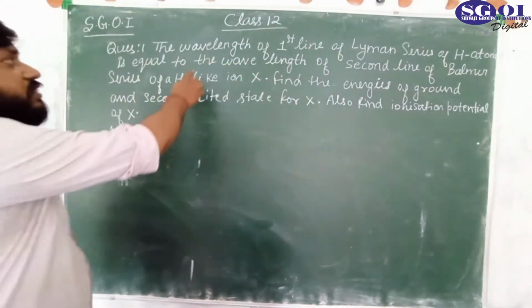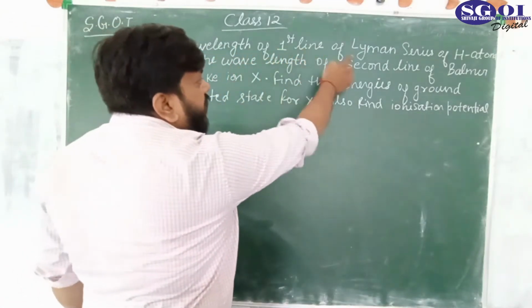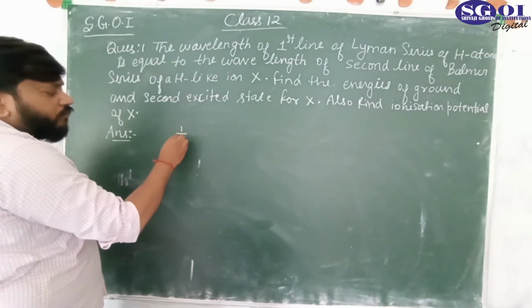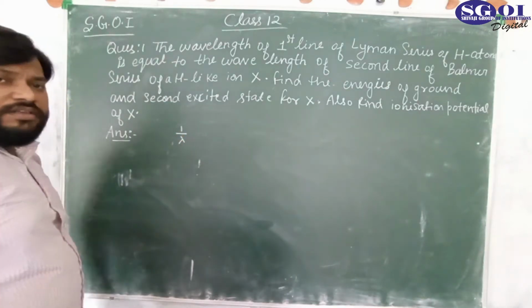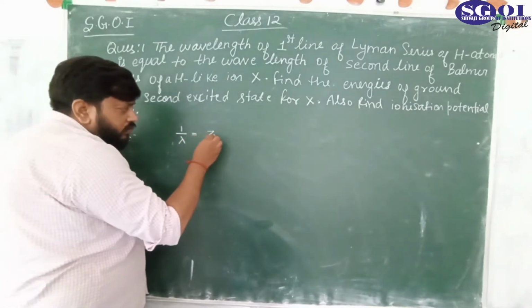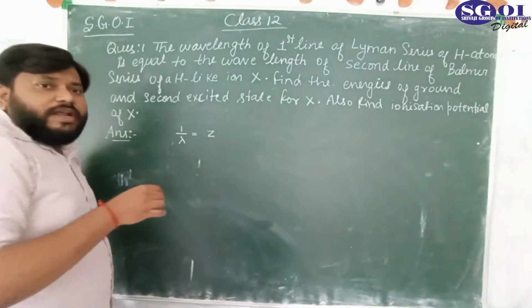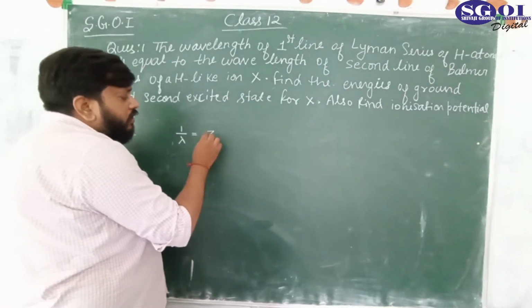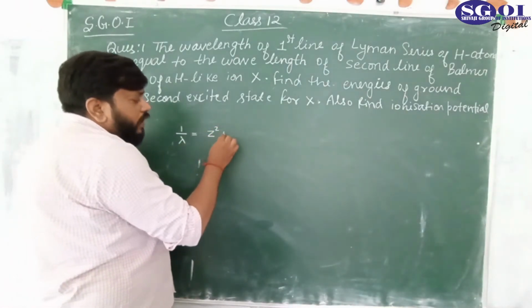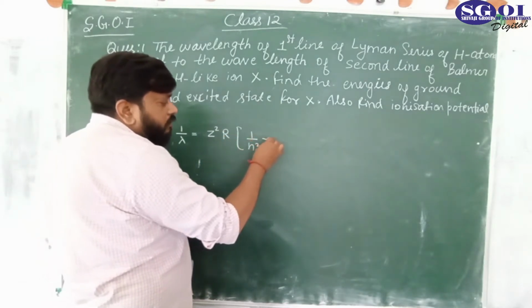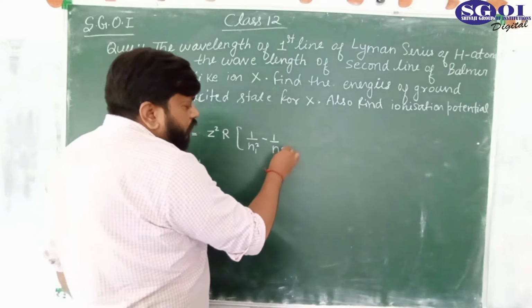The first condition is the wavelength of the first line of the Lyman series. As we know, the general formula for the wavelength of radiation is 1 by lambda equal to Z square R, 1 by n1 square minus 1 by n2 square.